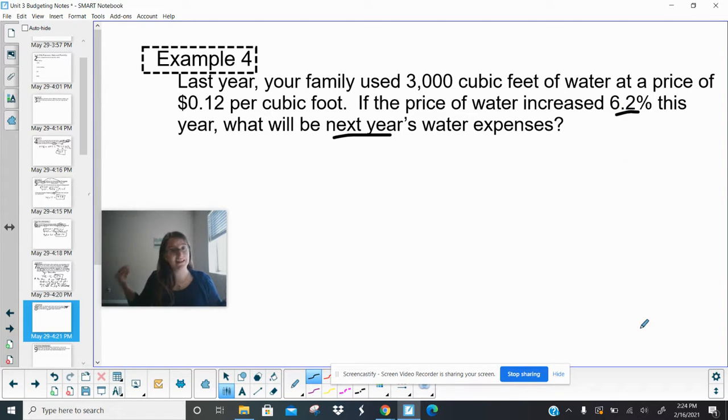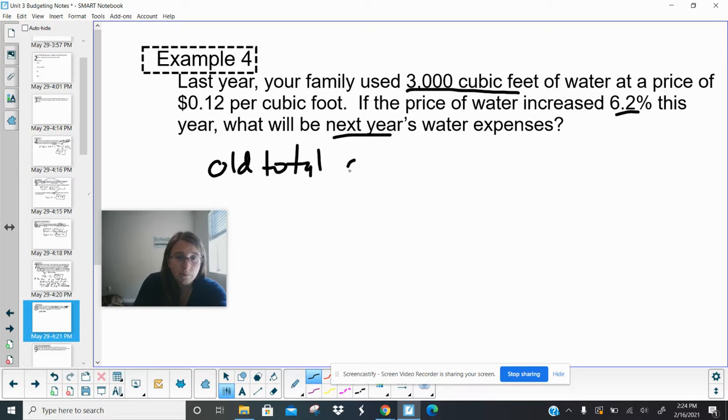Well, it doesn't say it, but if the price increased by 6.2%, that means it increased by 6.2% of what it used to be. Well, it used to be 12 cents per cubic foot, and we used that much water total. So I want you to find the old total cost. It was 3,000 cubic feet at 12 cents per cubic foot. How should we do that? Well, just multiply.